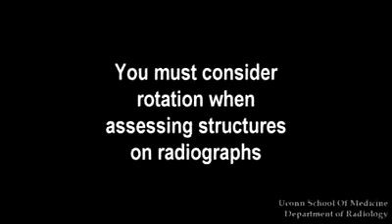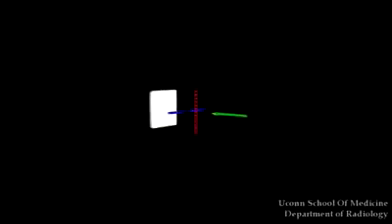Rotation. When an X-ray is taken, the patient's coronal axis should be as perpendicular to the X-ray beam as possible. If they're not perpendicular to each other, the patient is said to be rotated, which produces a technically inadequate film. Let's demonstrate the concept of rotation. To help you understand the concept of rotation, take a look at this 3D diagram.